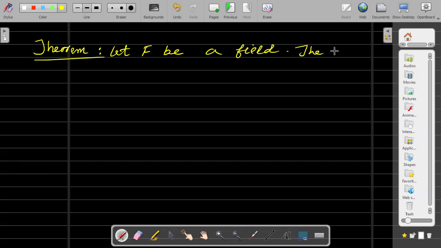The polynomial ring Fx is a Euclidean domain. Specifically, we can say this. How it's a Euclidean domain.